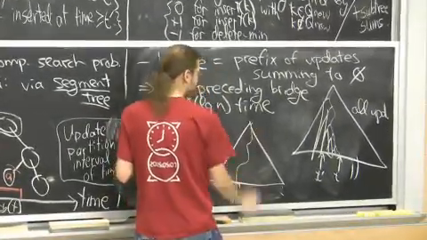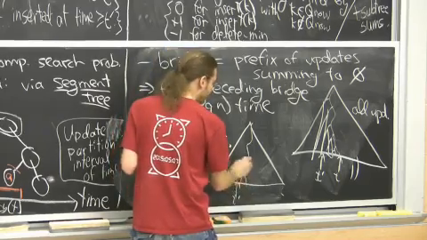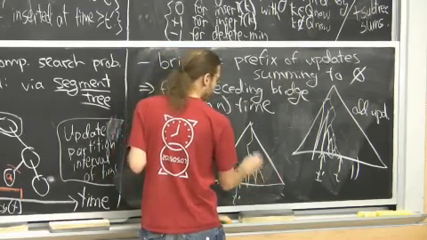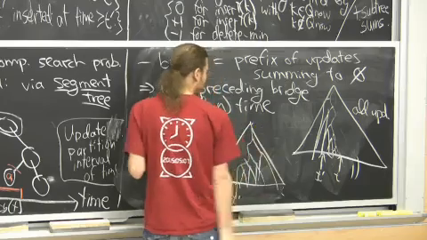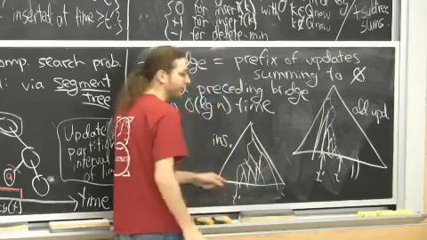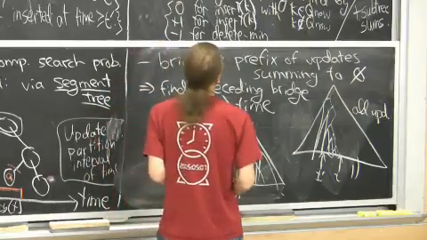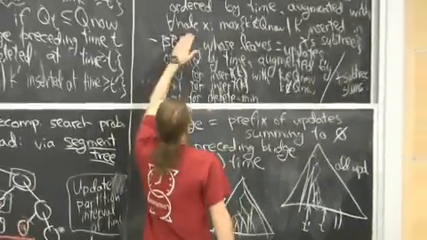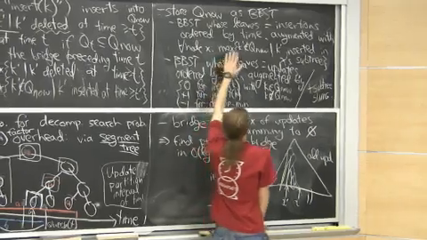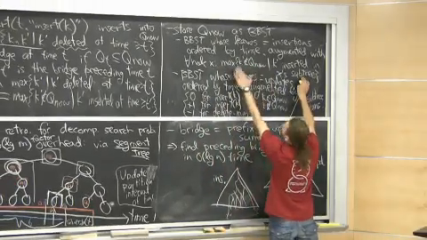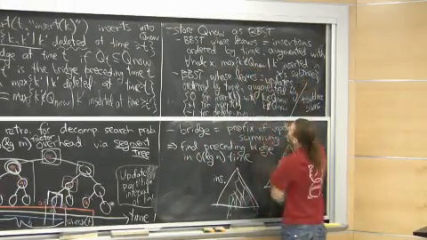Again, we get a root-to-leaf path, and now we look at all of the elements hanging off the right side. Those are all the elements that are inserted after time t prime. I just take the max of those. So I need to store, for every subtree, the max of the things in that subtree, but ignoring the guys that are in Q now.